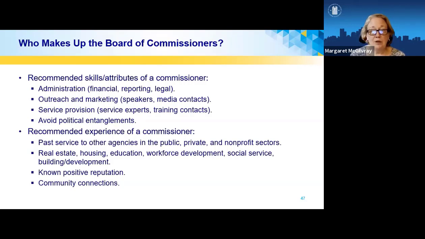Also experience on other boards in both the private and public sectors, as well as other community connections, whether with banks or financial institutions, foundations, and other things. At the end of the day, though, it's important for the board to speak with one voice, not have individual factions or agendas, and always maintain confidentiality. Let's go on to the next slide.